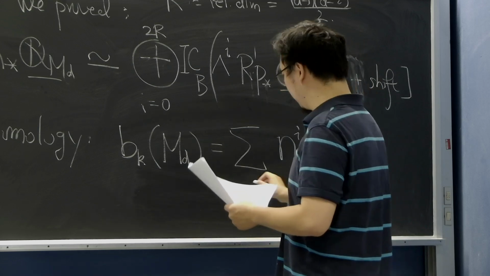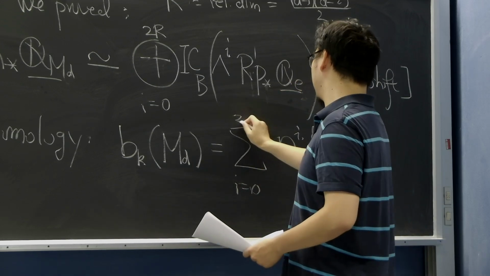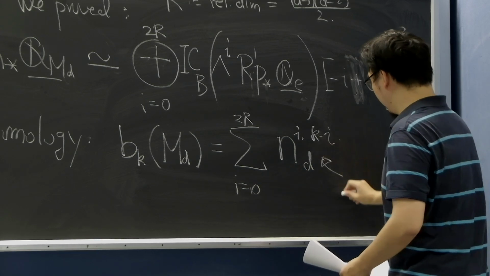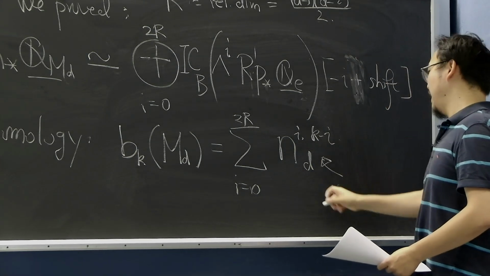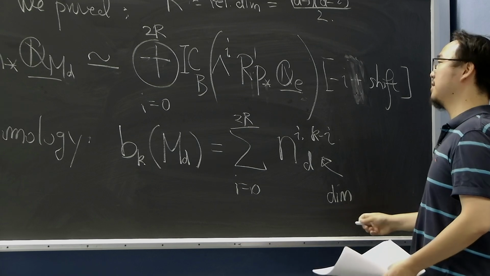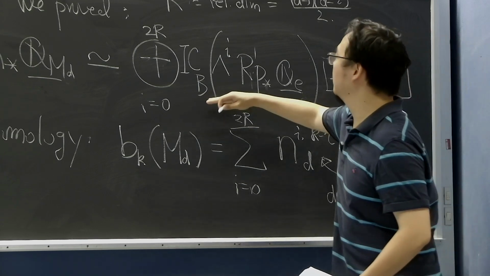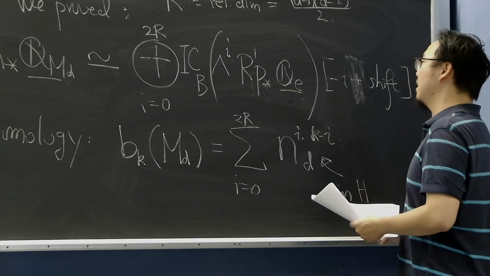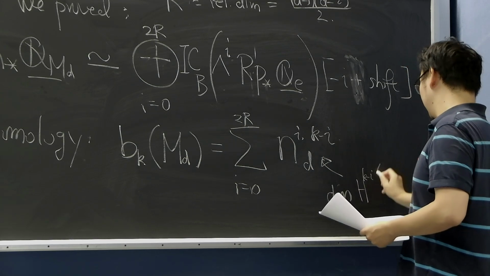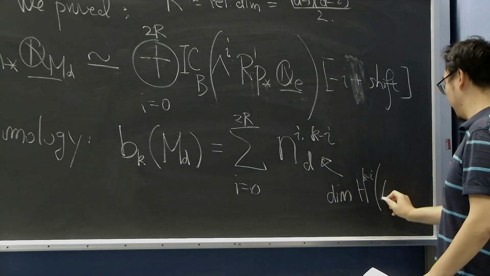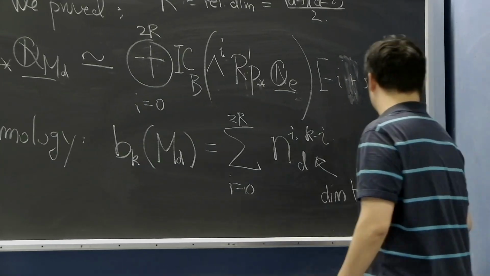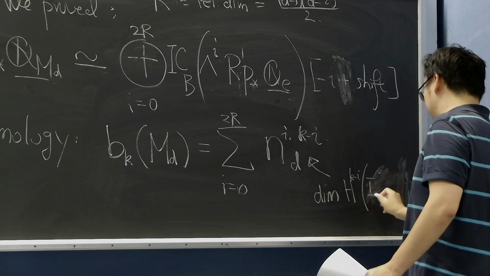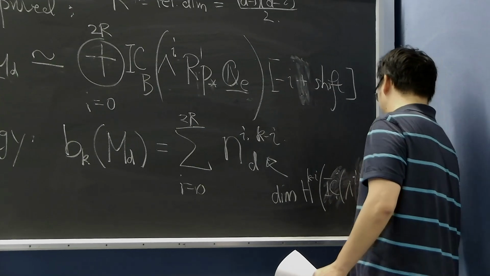The sum goes from 0 to 2r. Every number here is a dimension, and n_{i,k-i} is the dimension of the contribution of this wedge i summand, the cohomology in degree k minus i of the IC of the wedge i summand.